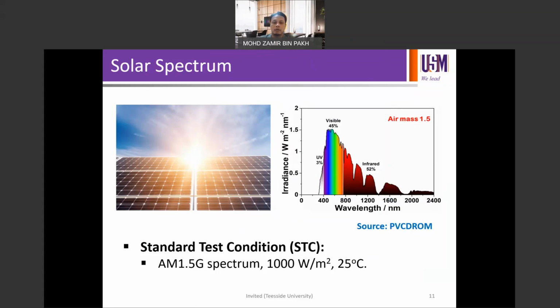For example, we have NREL in the US, a couple more in Europe, a few more in China. The new solar cells have to be certified at STC by certified labs in order to appear on the new world record chart that I'm going to show you later on. Okay.